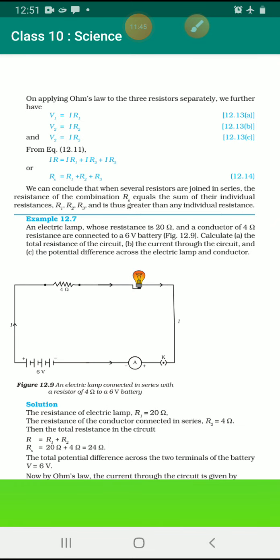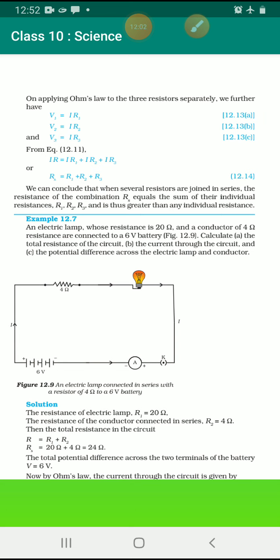An electric lamp whose resistance is 20 ohm and a conductor of 4 ohm resistance are connected to a 6 volt battery.